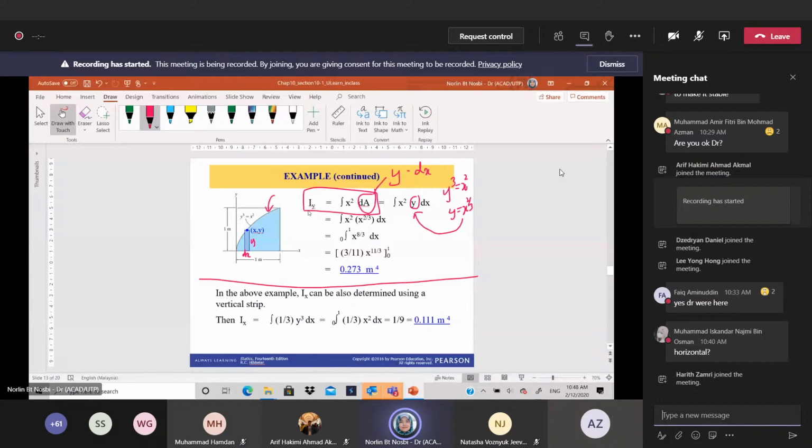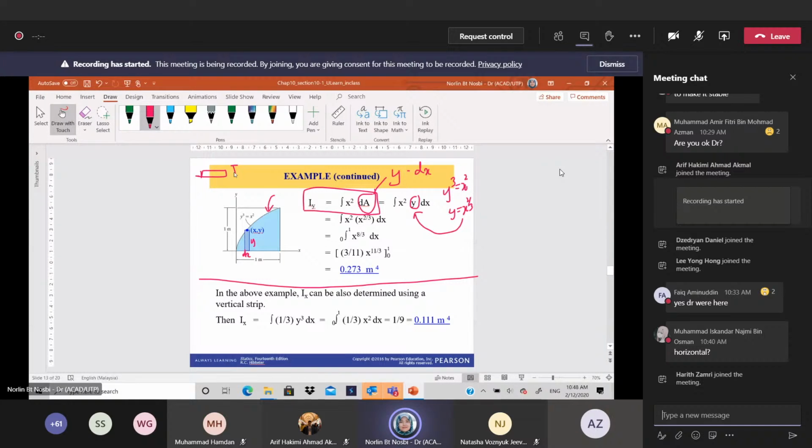So another method, if you choose just one shape, for example this one, vertical. From this vertical strip, you can find Ix. Last time I showed you, right, if you want to find Ix, you make sure the strip is horizontal, and if you want to find Iy, the shape would be vertical.